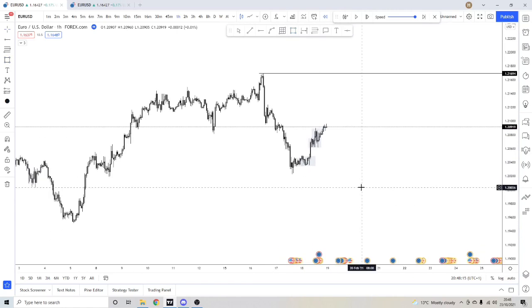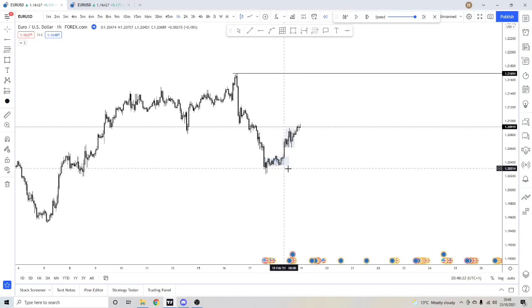Now, what I used to do a long time ago is I would see this unmitigated range down here and I'd think price has got to come back in to mitigate this to continue higher. You know, we've got equal lows there, it's got to come back into here.